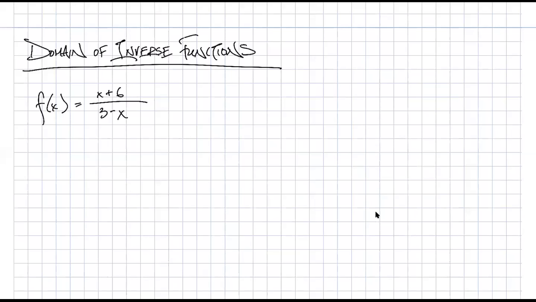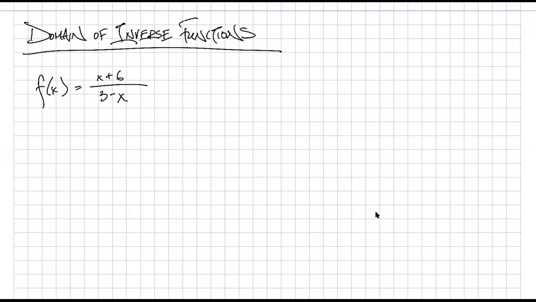Okay, so this is a fairly simple example, but I wanted to review very quickly how we find that inverse function, but also how we find the domain of it. One thing to keep in mind is when we talked about inverse functions in the beginning, we knew that we had to switch the x's and y's, right?